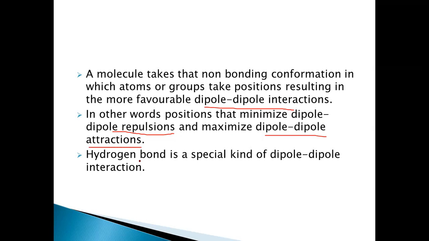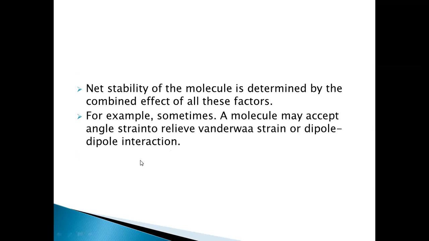So these are the four factors which are affecting the stability of the conformers, but the net stability of the molecule is determined by the combined effect of all these four factors. It doesn't depend on only one factor, but all these four factors will determine the stability of the molecules.